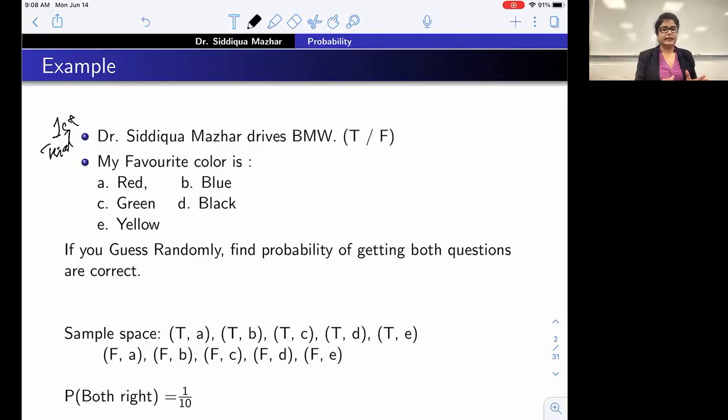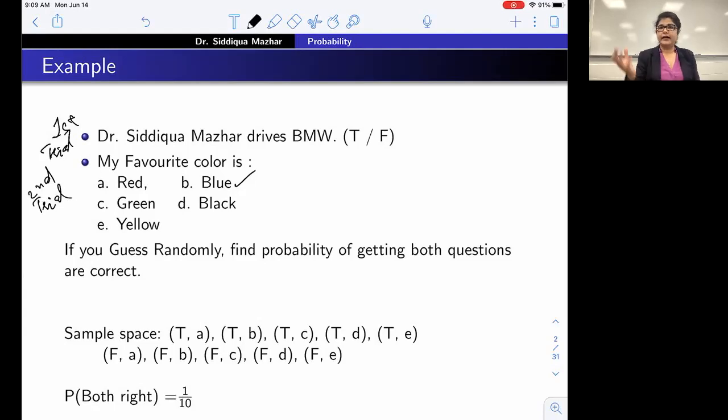The second trial is that I am going to look at what my favorite color is. My favorite color is blue, so I like blue. But how many choices do I have? I have 5 choices. So the correct answer is blue. This is my second experiment, so I'm going to call it the second trial.